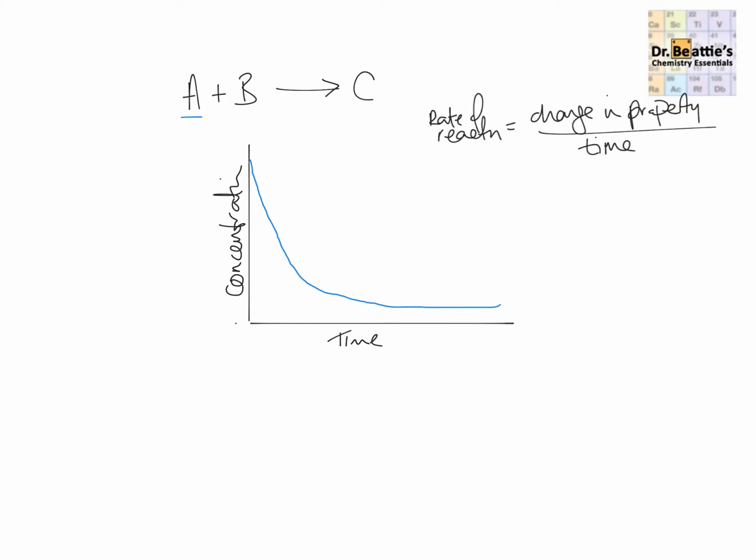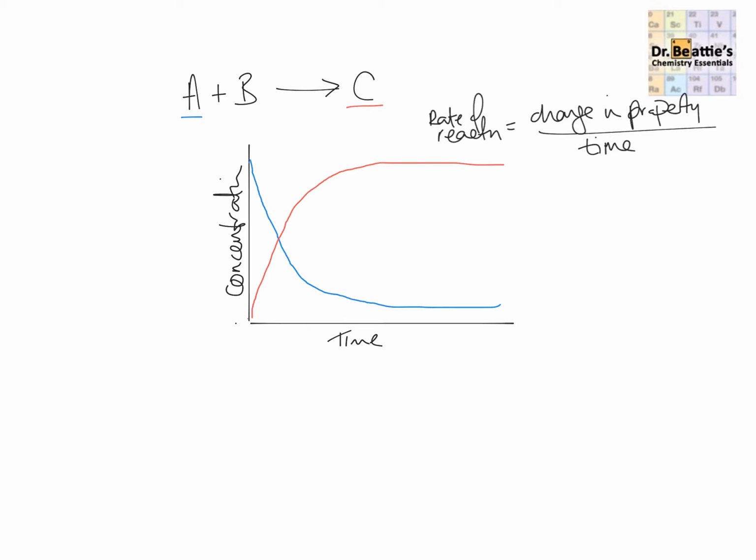In the opposite way, for the concentration or the property of C, at the beginning there will be no C because no products have been formed. And over time, this would increase.